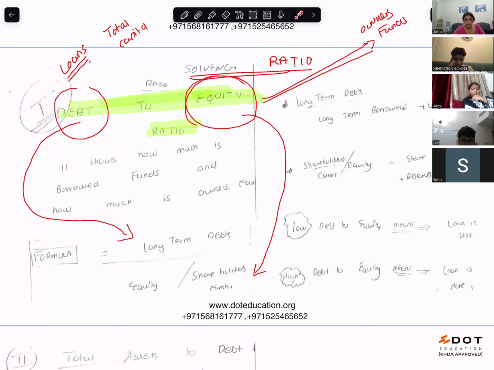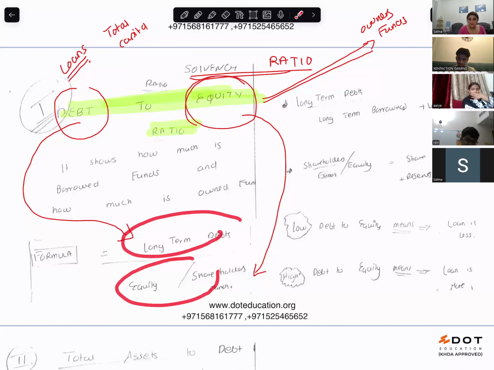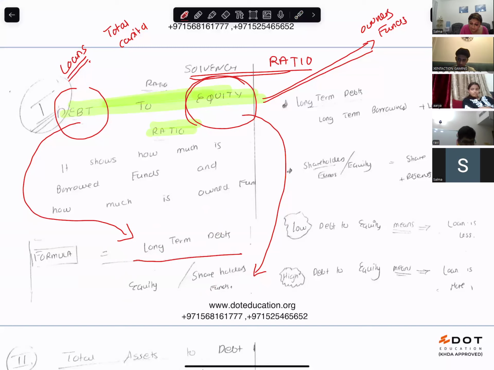Yes, miss. Okay, the formula for this is debt over equity. When I talk about debt, it will be your long-term debts. So long-term debts over equity or shareholders' funds. How do you get your long-term debts?